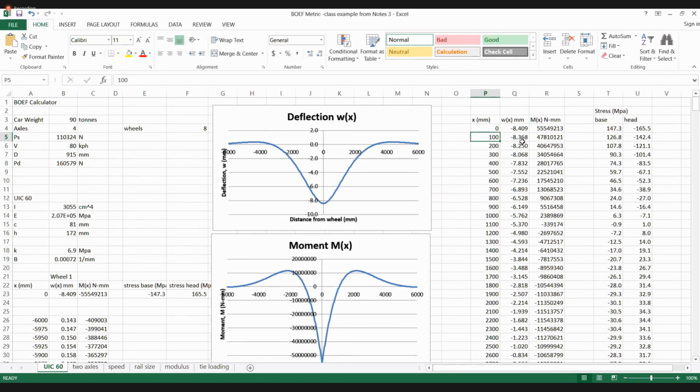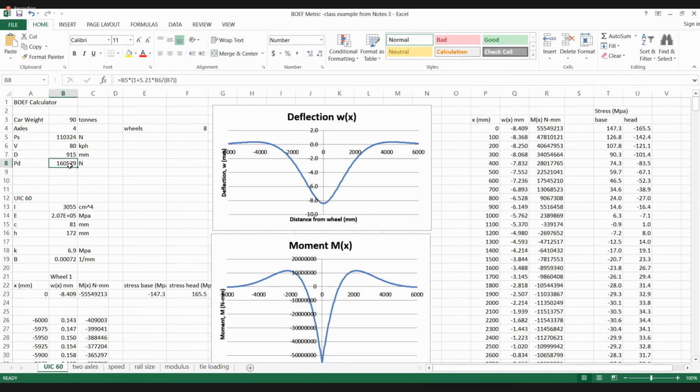But for x equals 0, 100, 200, I calculate my deflection. This is my P beta over 2K e to the minus beta x cosine beta x plus sine beta x, which I showed you in the previous sheet. Okay, so we've already calculated everything here.